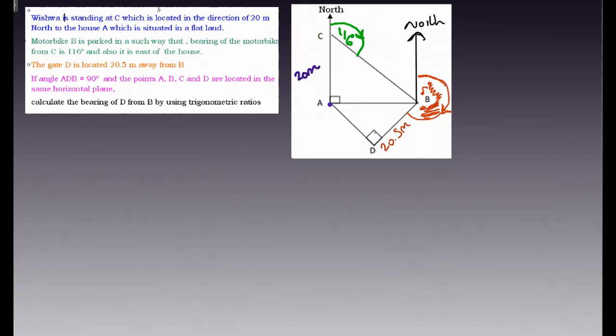Let's try to figure out what this blue angle's value is. The blue angle I'm marking. If I find out what the blue angle is, I can use the rule of angles around a point adding up to 360 degrees.